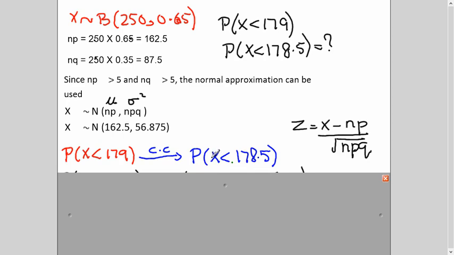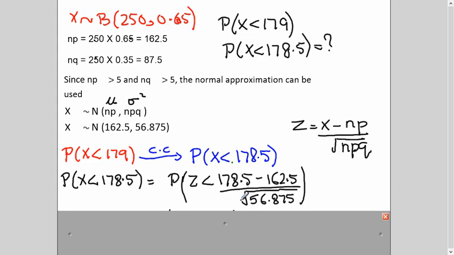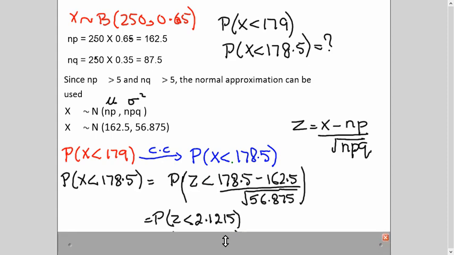So in place of X, when I write Z, I will apply this formula: X minus mu divided by the standard deviation, which is root NPQ in this case. I'm simply picking up the values of mu and standard deviation from here and putting them in this formula. So I got Z less than 2.1215.